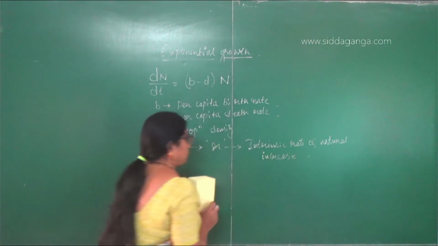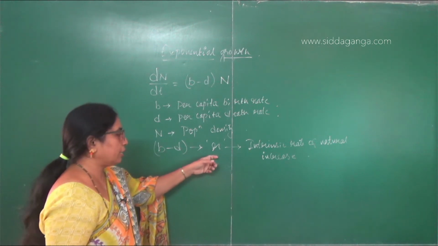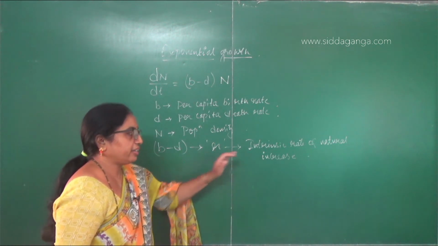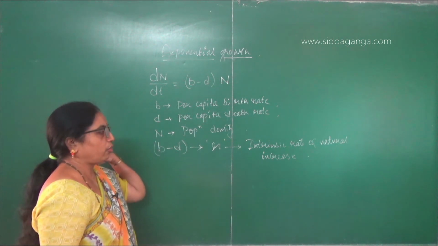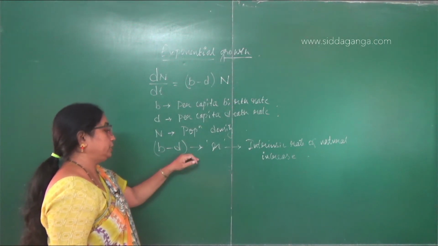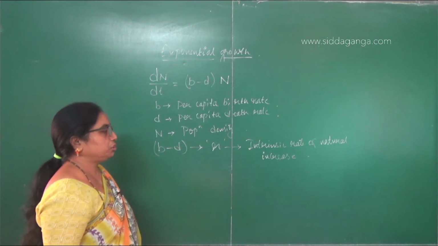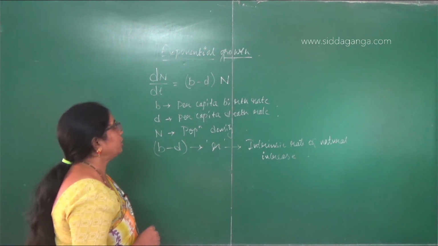So b minus d represents r, which is called the intrinsic rate of natural increase. That is, the inner potential of an organism to increase its number is valued in terms of r values, which is called the intrinsic rate of natural increase.